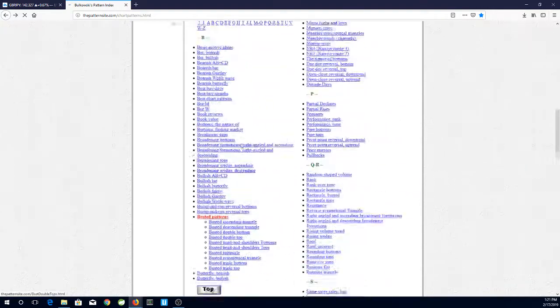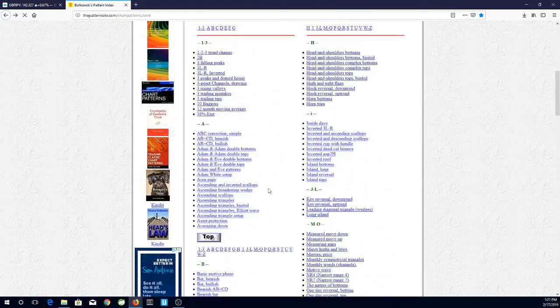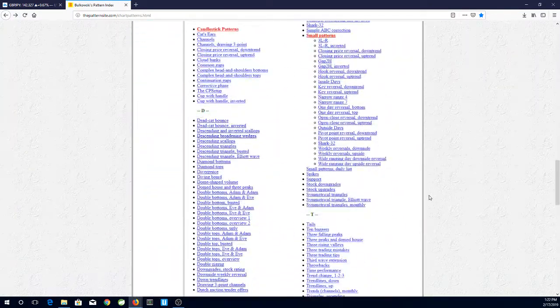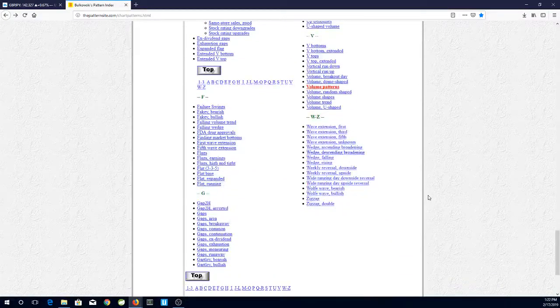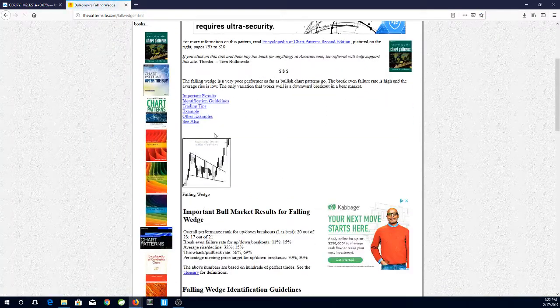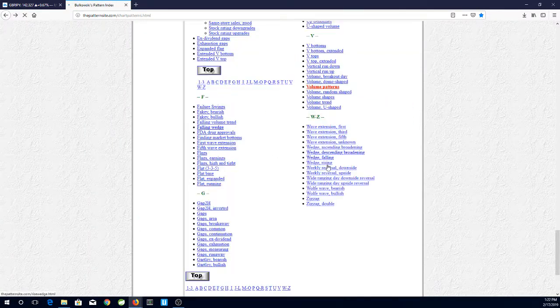Let's see if he's done anything with the ascending wedge, because this used to be what I used to trade quite a bit. Ascending wedge, averaging down. Well, I haven't been on the site in quite a while. The wedges. Oh, here we go. Rising, descending, broadening.